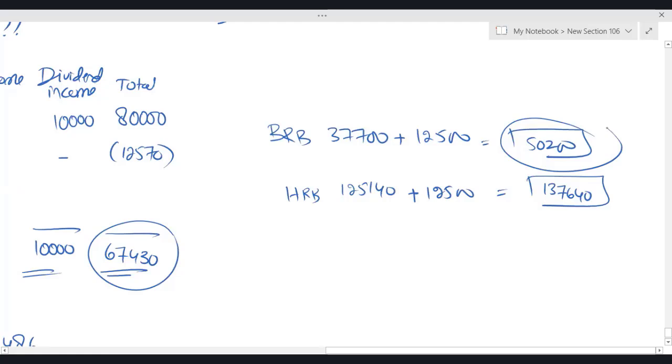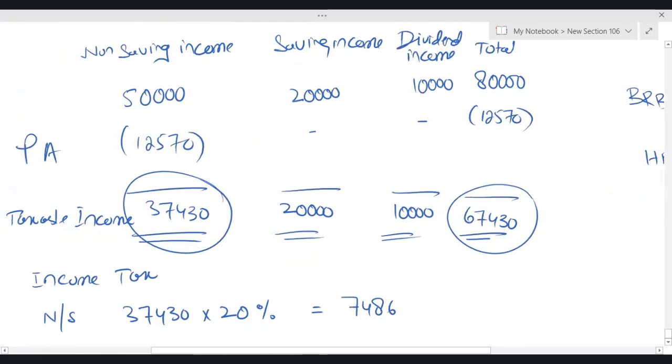Why? Because in this question the basic rate band limit is not 37,700. Now the basic rate band limit is 50,200. So that is why I'm comparing 67,430 with 50,200. 67,430 is more than 50,200, and it is less than 1,37,640. So we can easily decide this individual is a higher rate taxpayer. Whoever is a higher rate taxpayer gets a nil rate band of 500.